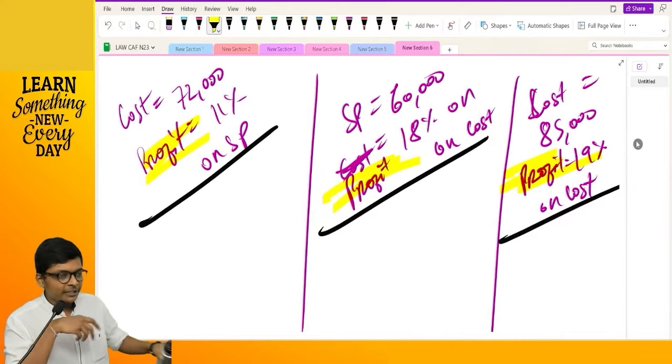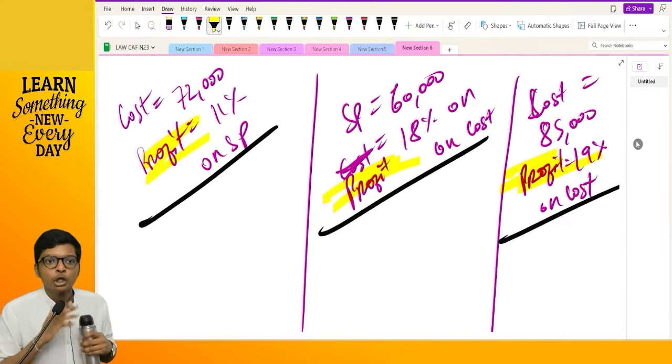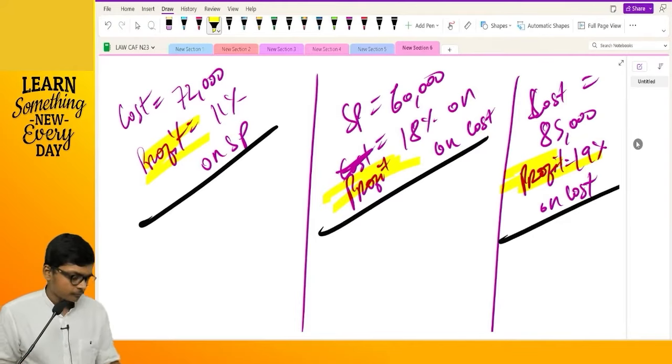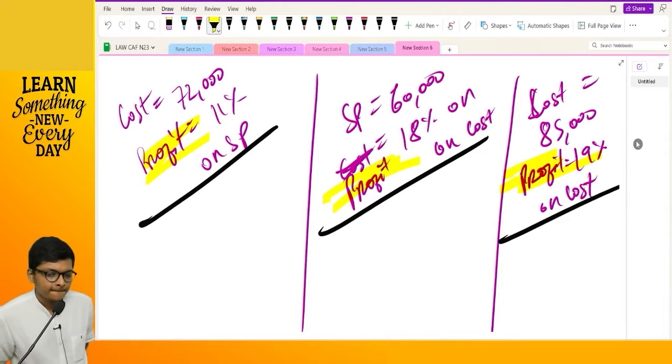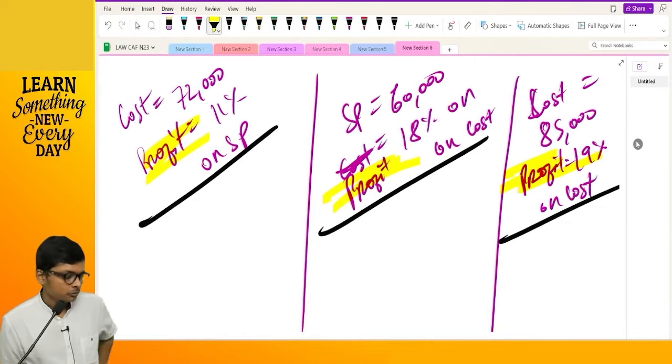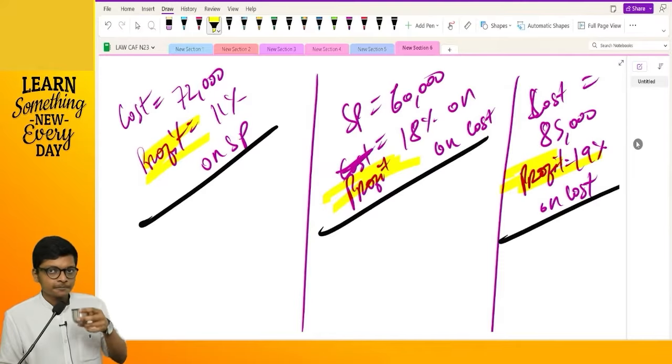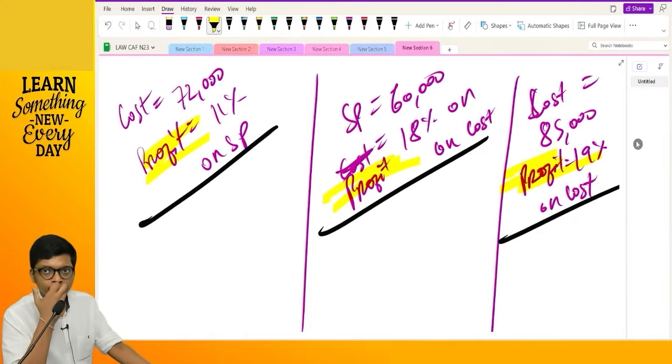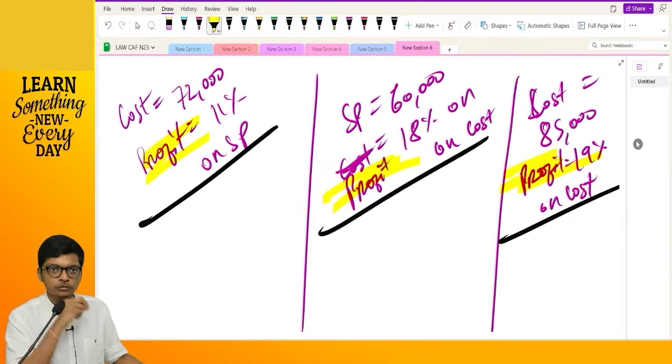Let's see if you get all the three correct, only then you have understood the concept. It's 19%. Third one is 19.